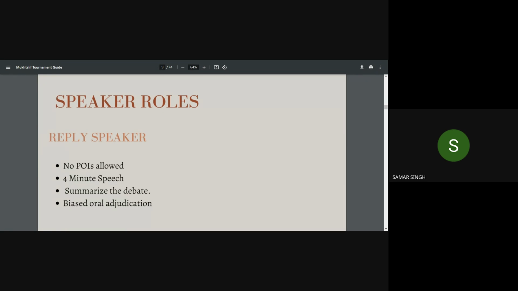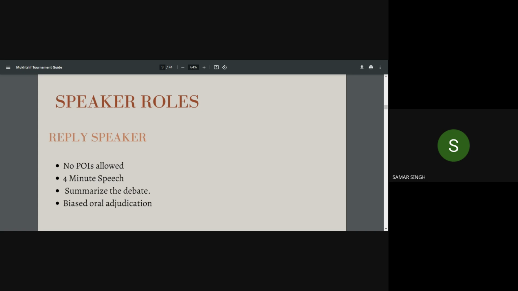Yeah. So reply speeches. Why reply speeches? Reply speeches are basically a summary of the debate and a biased oral adjudication. Now, what is oral adjudication? Oral adjudication is something that a judge will give when they tell you their verdict, who won. It is basically the reasoning that the judge gives to prove why someone wins against the other.